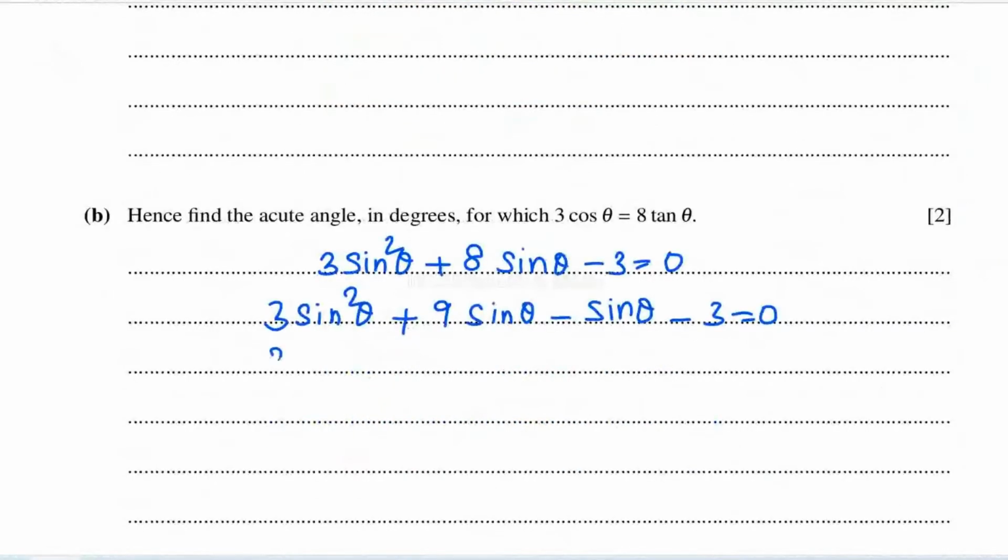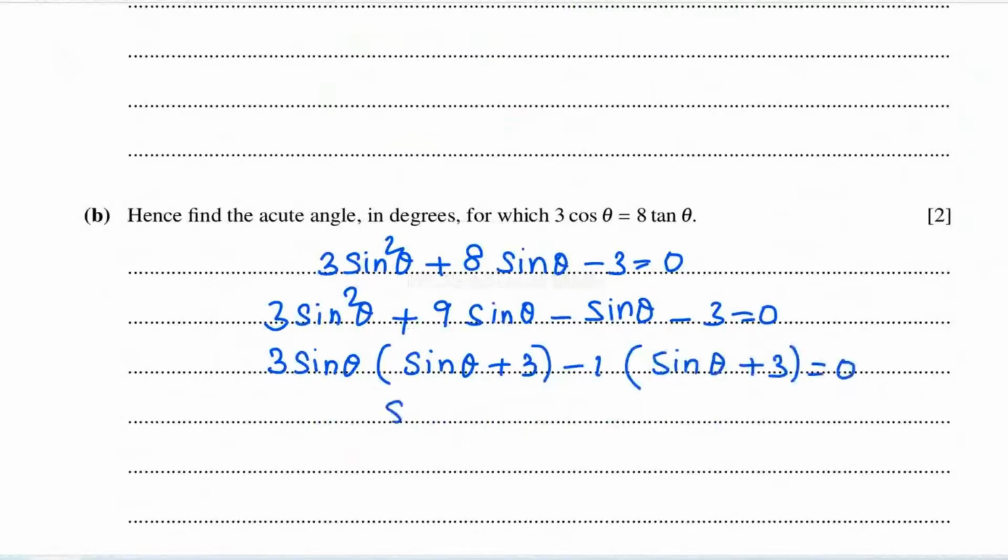Let's take 3 sine theta commonly, then we'll get sine theta plus 3, and from these two terms let's take negative 1 commonly, so sine theta plus 3 equal to 0.